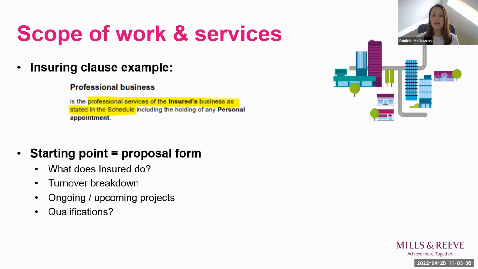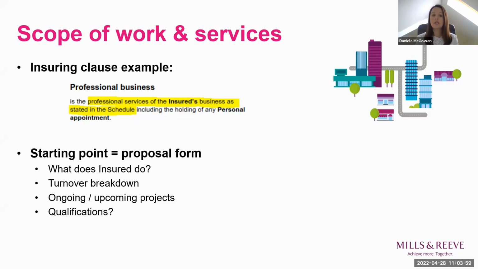So I'll start by looking at the insuring clause, which sets out what a policy provides. The example on the screen says that this policy covers the professional services of the insured's business as stated in the schedule. This seems simple enough, but in fact, this phrase is often the cause of much confusion and dispute.